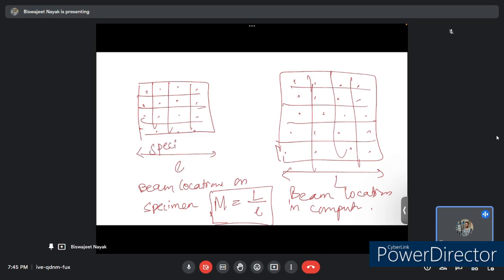This is the specimen area, the display area.